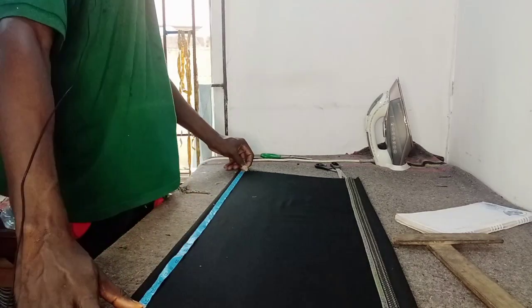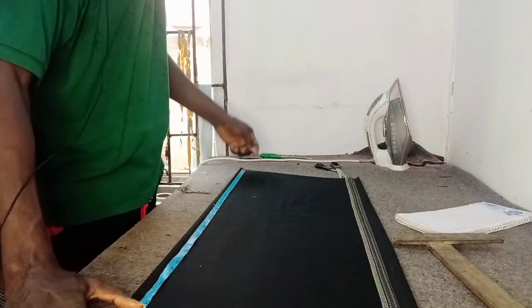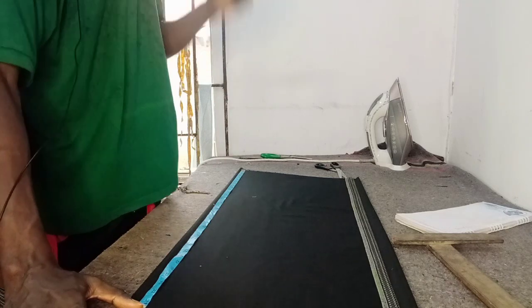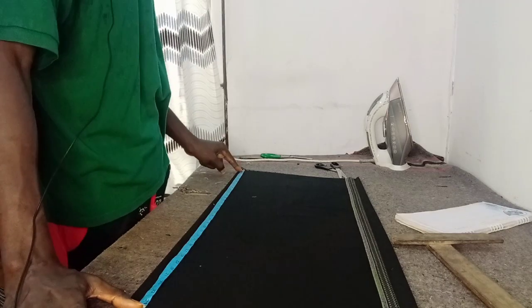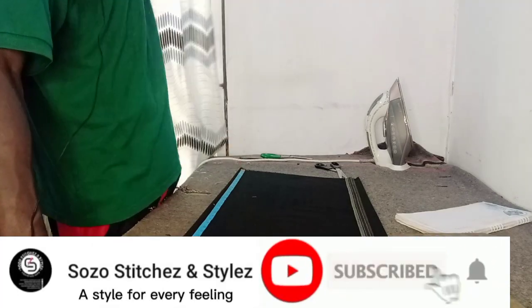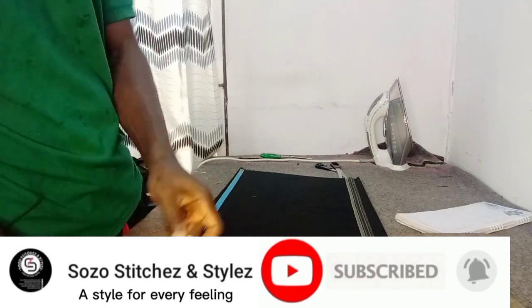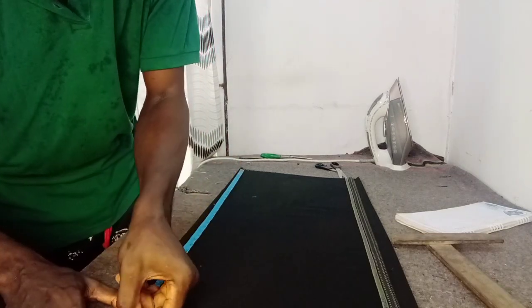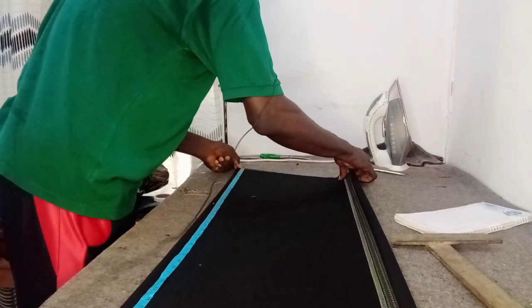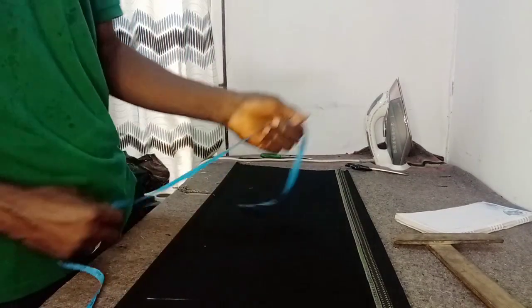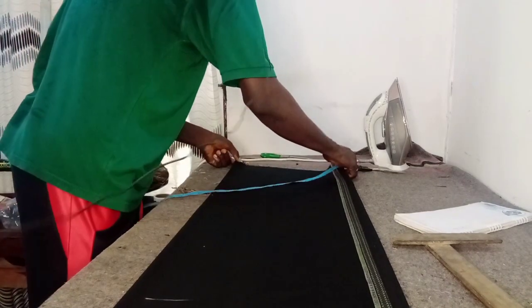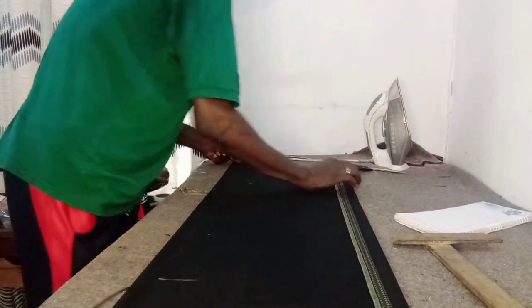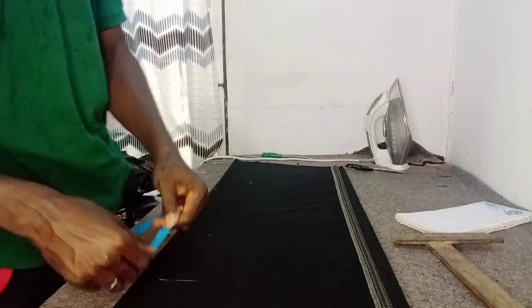So I'm trying to measure the length of the clothes. And remember, the cloth is folded into four places. So you first of all get the actual length of the clothes. So assuming the length you are using is 34, you will mark 34. Then you will add the back of the border is always longer than the front.